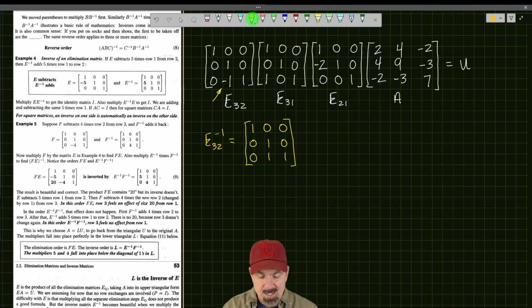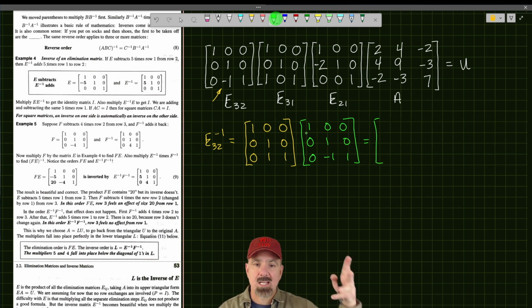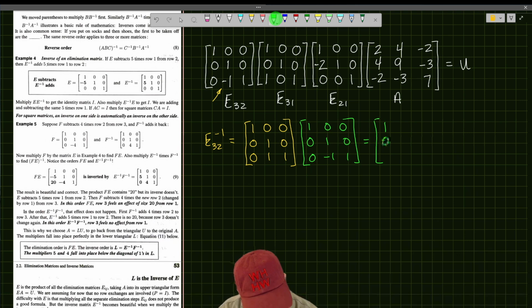And we can verify that this is the identity matrix. Let's just do that quickly as a demonstration. Let me change to a different color and let me just throw down E32 here for a second. 0, 1, 0, 0, -1, 1. And then we can very quickly just see that I'm going to take the columns on the right-hand side there and sweep through. And I'm going to have 1 copy here.